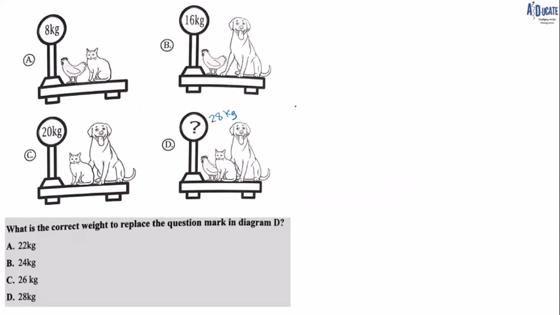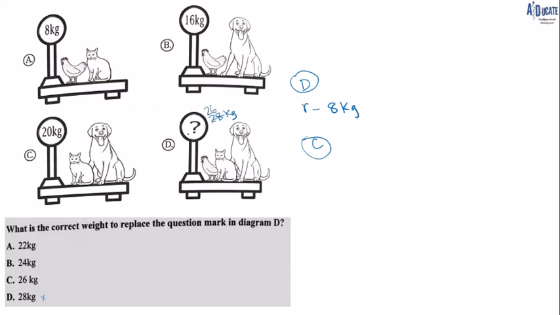So we would say that the rooster added 8 kilograms, and this is using D. So if the rooster is 8, this creates a problem for A, because if the rooster is 8, the cat is 0, which makes no sense. So D is not the answer. Let's try C. We're saying that they're 26 now.